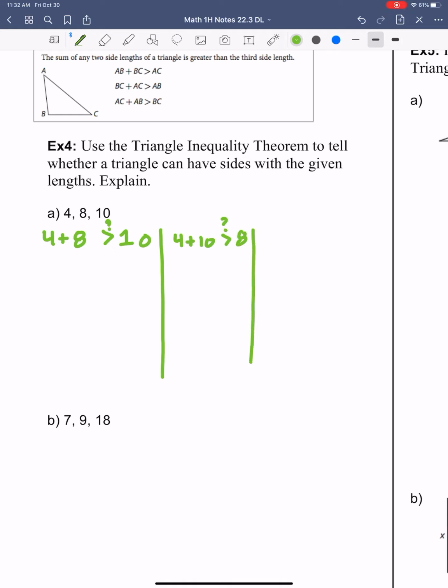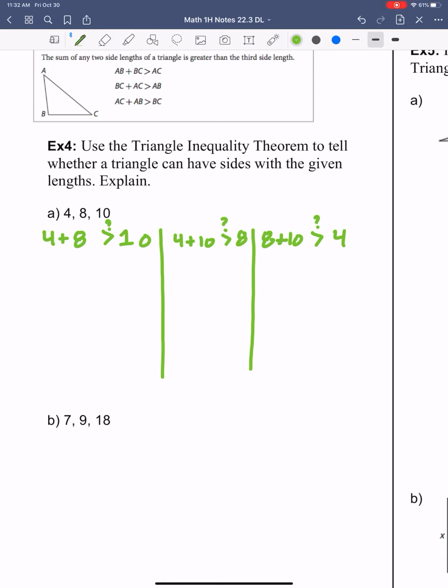And lastly, if I do 8 plus 10, it needs to be greater than 4. For this one, it's pretty simple, right? We can check it pretty quickly, but this is the criteria that we need to create a triangle, or else the sides wouldn't be able to create a triangle. You can picture it like one of the sides was too short and wasn't connected to the other side. We'll check this real quick.